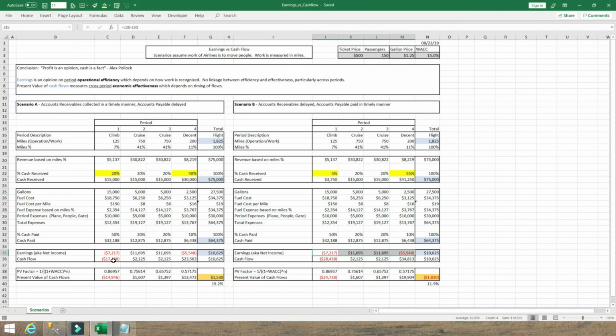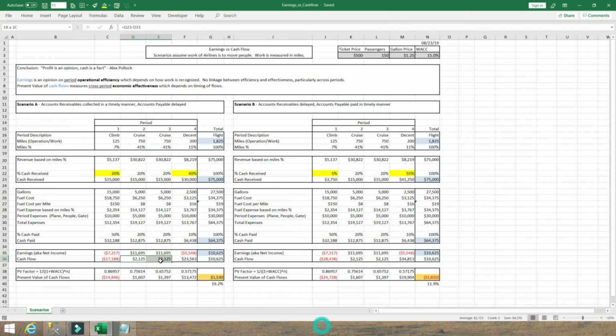But when we look at cash flows, they are quite different between the two scenarios because of when cash is received. Here, like in most projects, you have a negative cash flow at the beginning because you're getting started, but you can see it's quite different than the earnings reported for that first period. But it's not nearly as low as it is over here, because we're assuming much less cash coming in this second scenario.